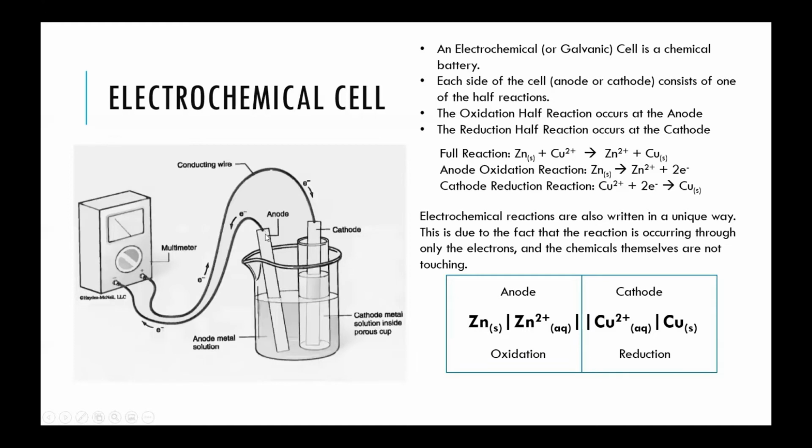Through this wire, the electrons are moving into the cathode. And the cathode itself is sitting in the solution of the cathode salt. So in this case, the cathode would be a piece of copper sitting in a solution of copper 2+. So again, copper chloride, copper sulfate, something like that.